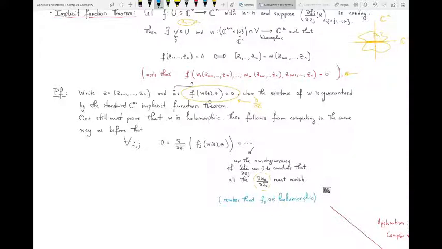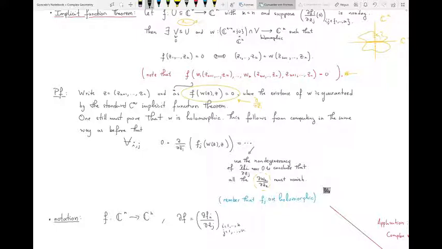And before we continue, let me just make a note on notation. If I have a map from C^n to C^k, I'm going to denote by df the k by n matrix, which is ∂f_i/∂z_j for i equal to 1 up to k, and j equal from 1 up to n.